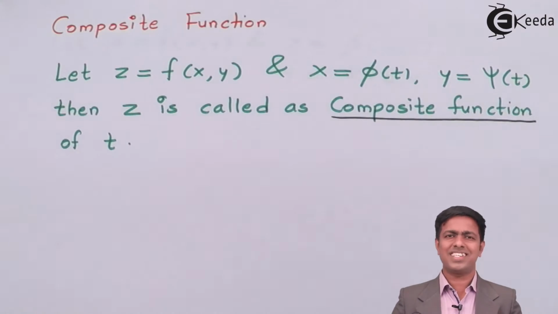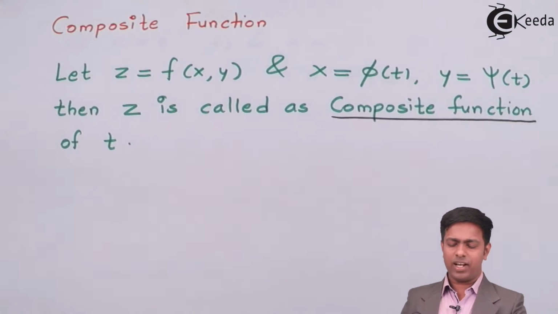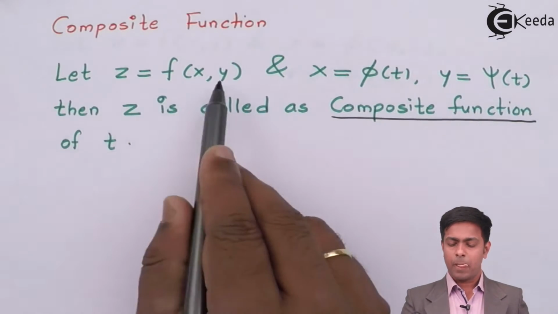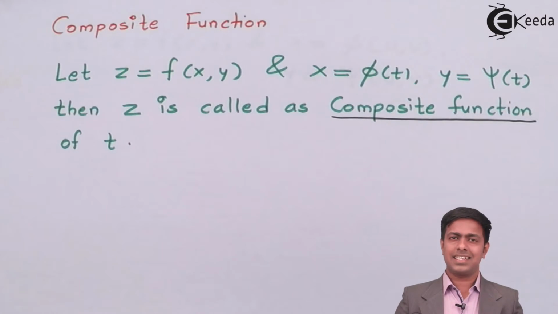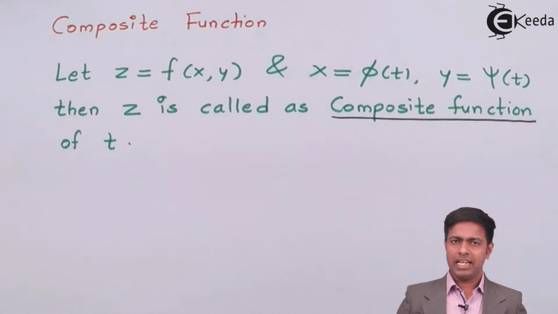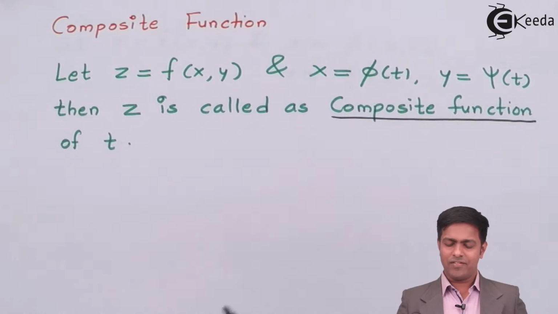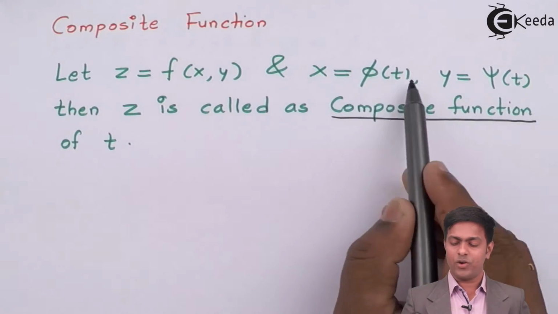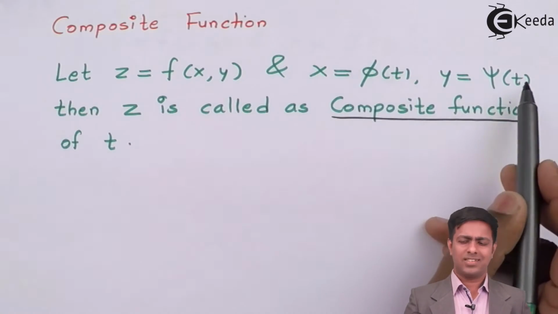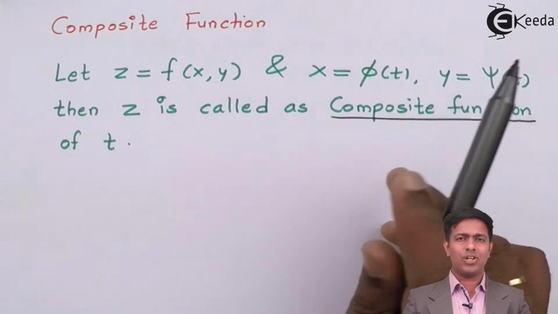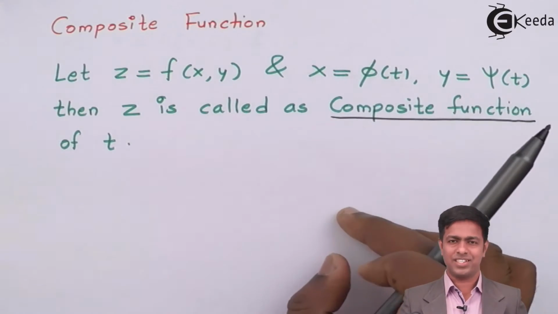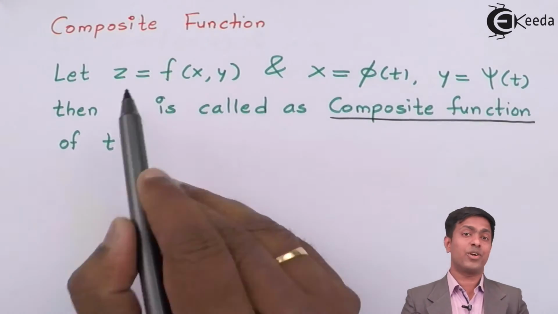Here I have considered one function, z, which is a function of x and y. Then x is a function of t and y is also a function of t. So we have written x is phi of t and y is psi of t. These are just symbols given to denote the function, as we take f to denote a function.